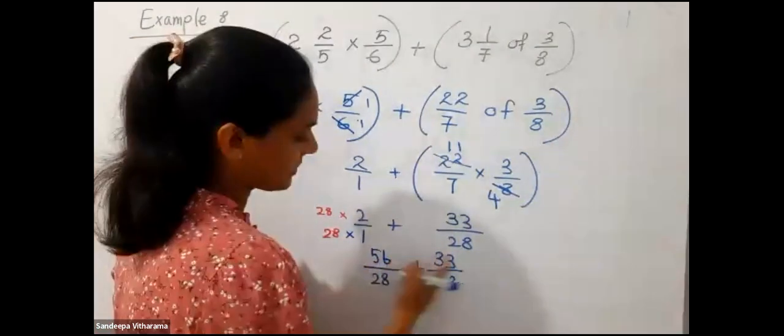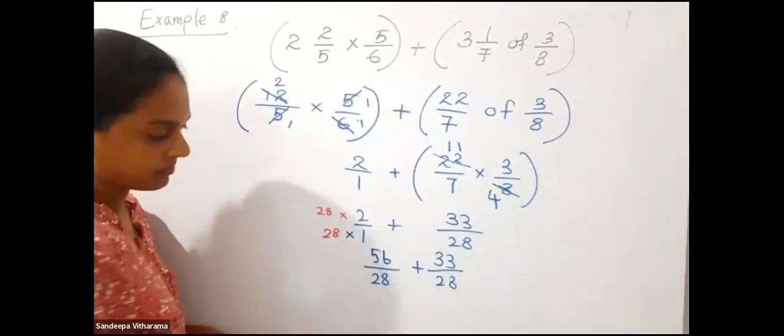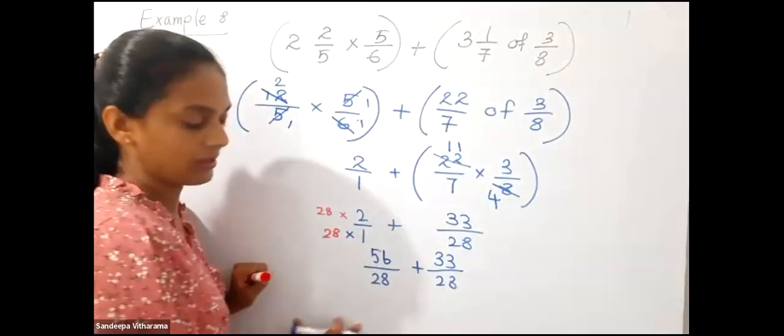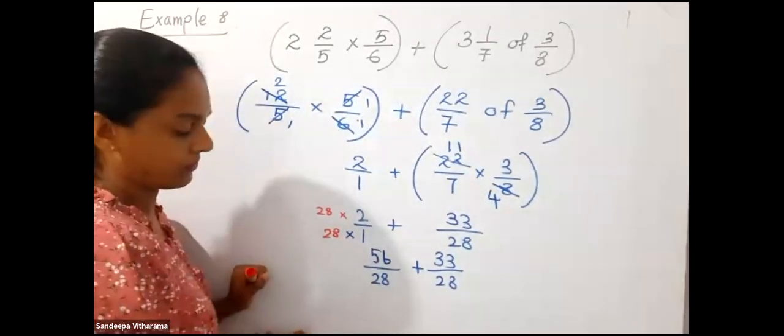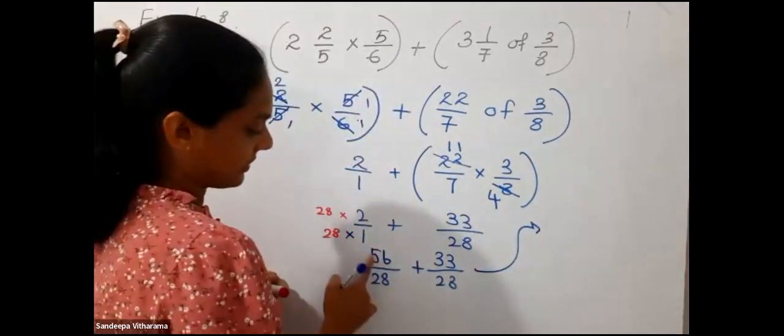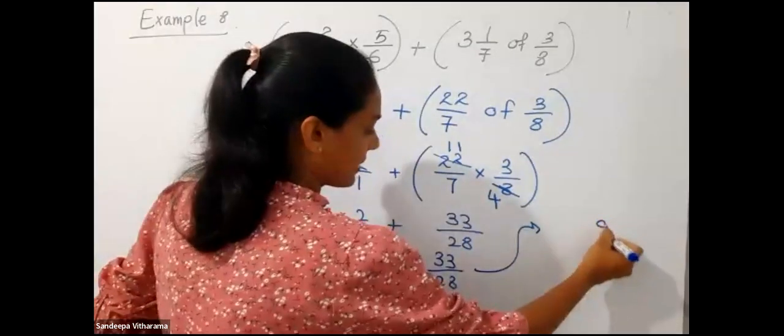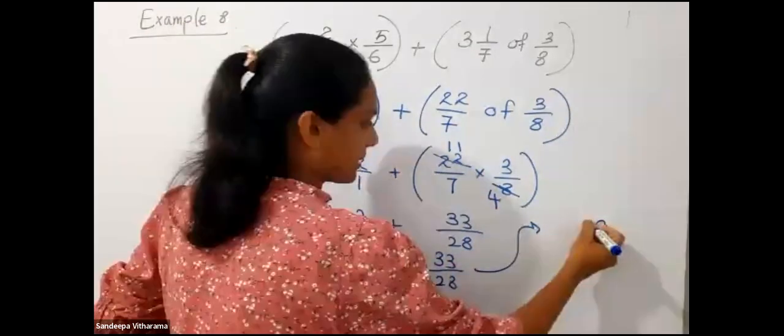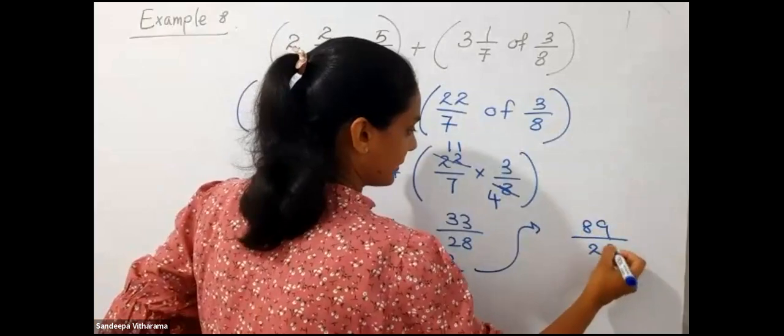Then here 6. Now this is addition of two fractions with the same denominators. Okay, let's see. It is 6 plus 3 is 9. 5 plus 3 is 8 upon 28.